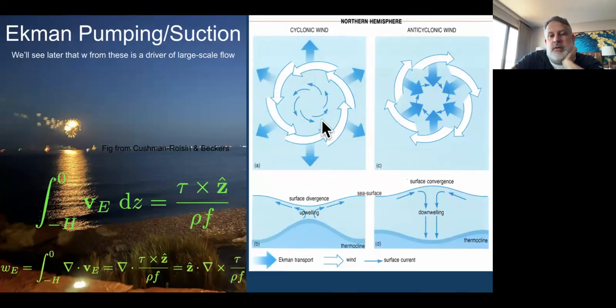So this is cyclonic in the northern hemisphere. It's counterclockwise. And so you have Ekman transport to the right. So everywhere you're going to have transport out, you have a big divergence here in the middle, which means that you're going to get upwelling and surface flow out away from the center of that hurricane or big cyclone.